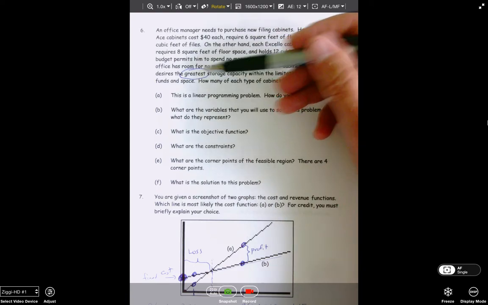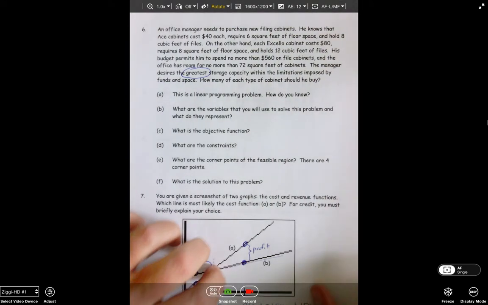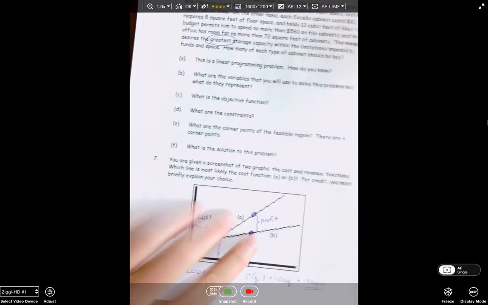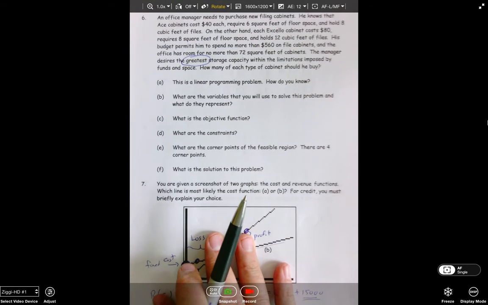We want to find the greatest or the maximum storage based on the limits imposed on funds and space. Well, guys, this is going to be an interesting problem. Let's work it out. Very realistic, something that an office manager would run into, I think.